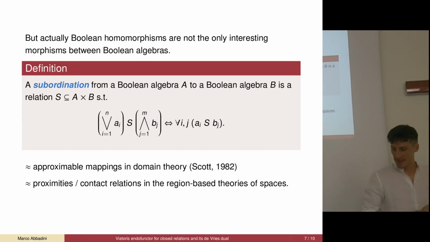And these subordinations occur in different fields. They are essentially the approximable mappings in domain theory, but they also appear in the region-based theory of spaces. So proximity and contact relations are relations that often appear when you consider compact Hausdorff spaces. For example, the well-inside relation is a subordination.